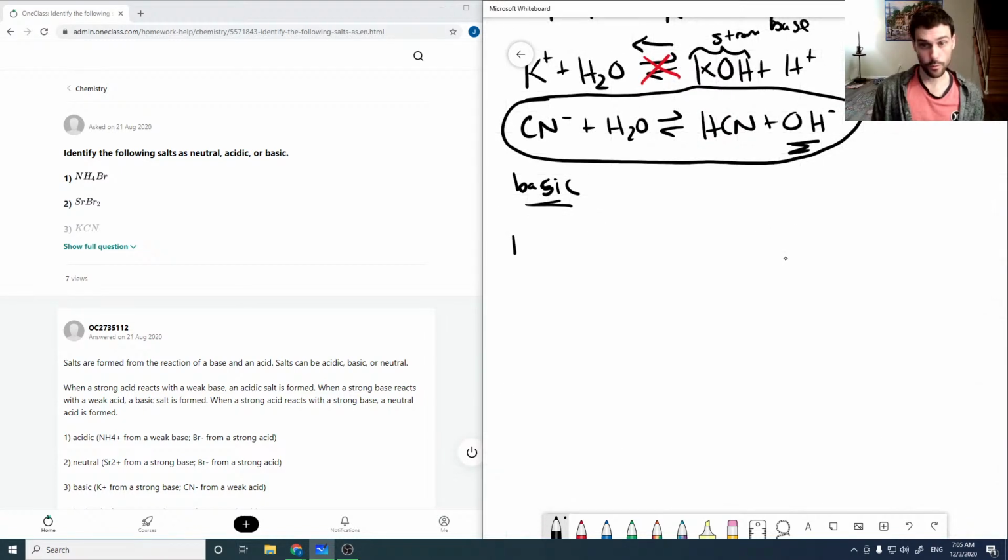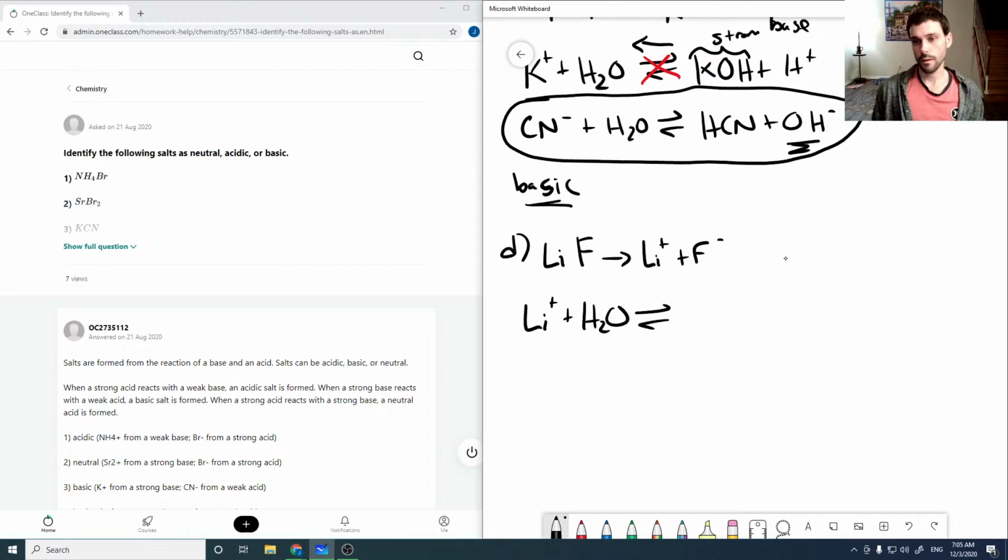So the fourth one here, D, is LiF, which is going to completely dissociate into Li plus and F minus. Our reactions here now are going to be LiOH plus H plus F minus, and HF plus OH minus.